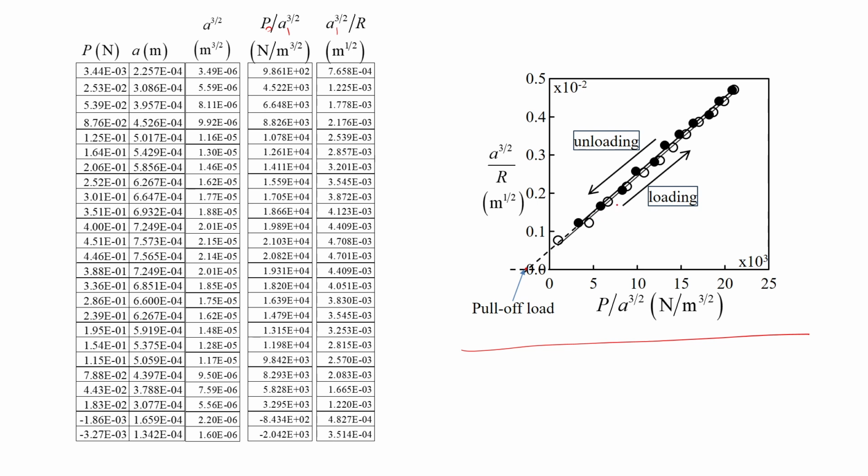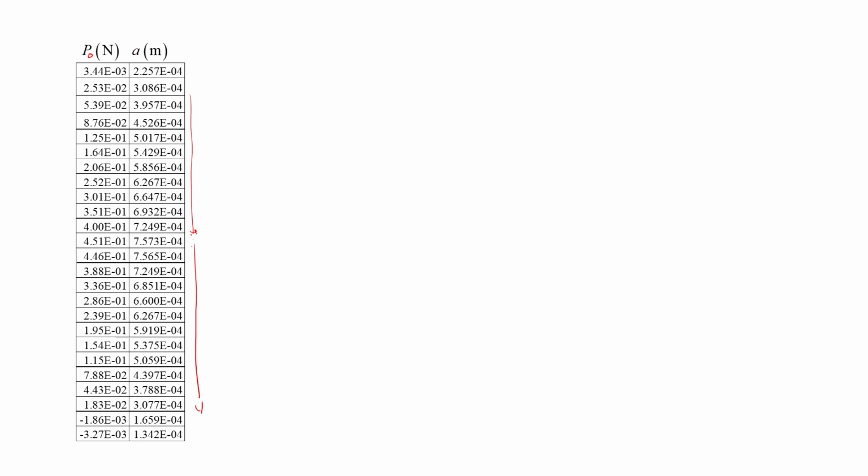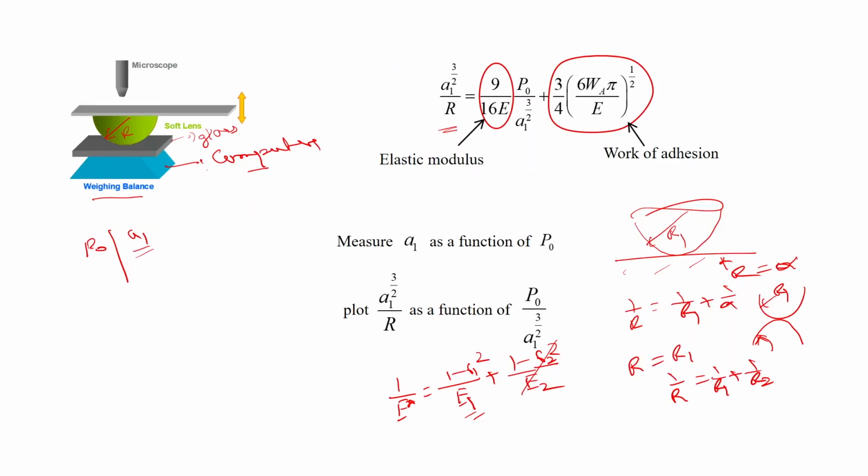So, remember this equation that we tried to fit to this data. Here, the slope of this plot, A1 to the power 3 by 2 by R as a function of P0 by A1 to the power 3 by 2, has the information of the elastic modulus, and then there is an intercept which has the information about the work of adhesion.